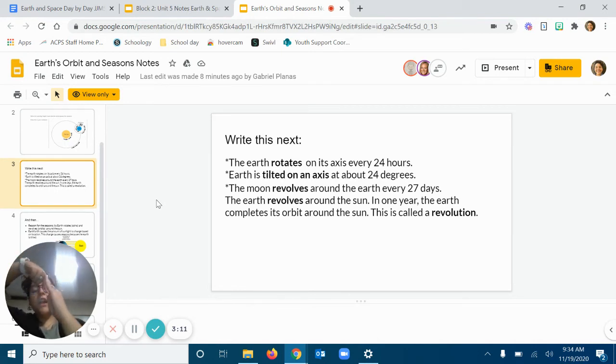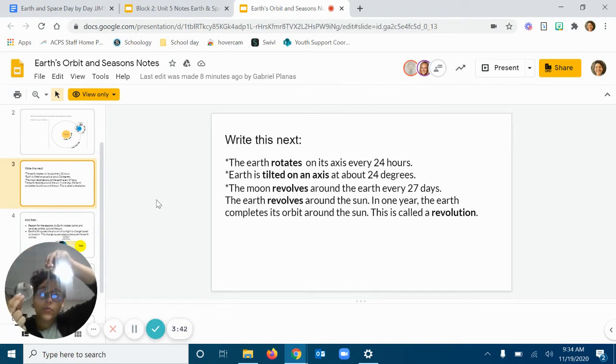And at the same time, the Earth is revolving around the sun. So if this was the sun, my little glass thing, and this is the Earth, except it's not the right size, we're going to pretend this is the Earth, this is the sun. The Earth revolves around the sun like this.